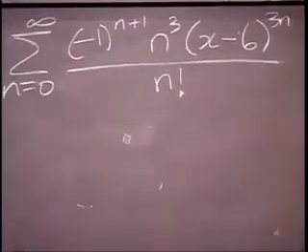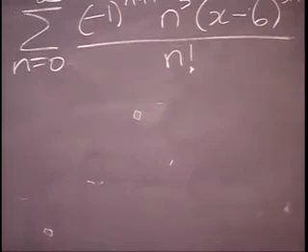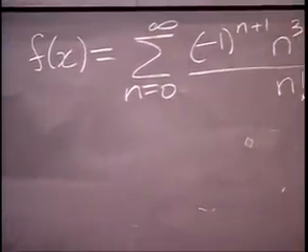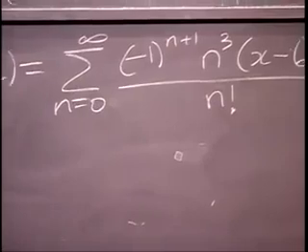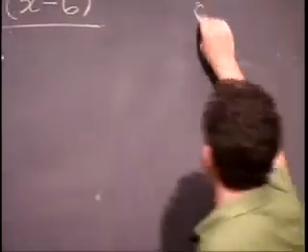That defines a function. And it makes sense for all x as it turns out. You'd have to use the ratio test to really nail it down. But the n factorial on the bottom grows very quickly, quicker than anything on the top. So if you tried the ratio test, you'd find that this makes sense for all x.